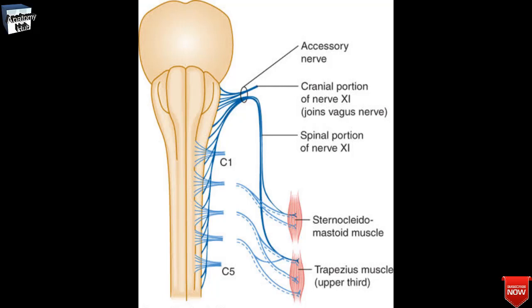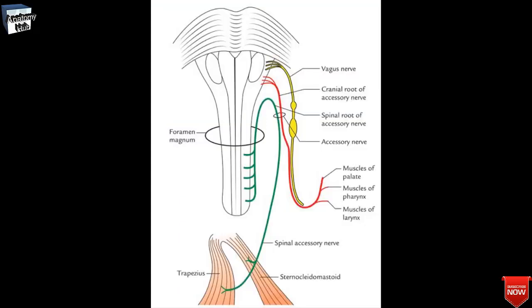Immediately after leaving the skull, the cranial part combines with the vagus nerve at the inferior ganglion of the vagus nerve, and the fibers from the cranial part are then distributed through the vagus nerve. Due to this, the cranial part of the accessory nerve is considered as part of the vagus nerve.